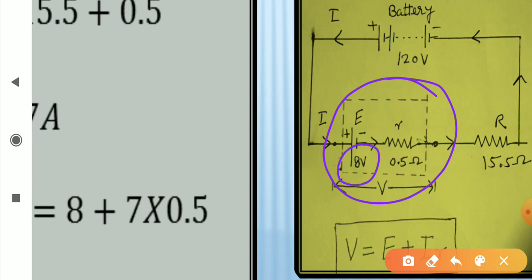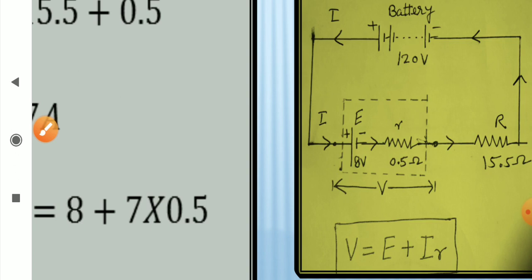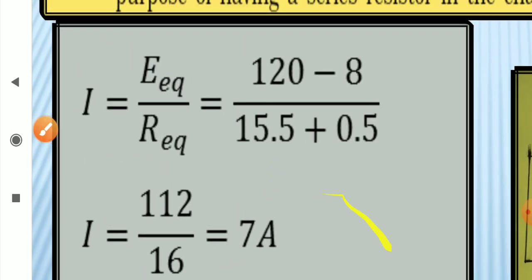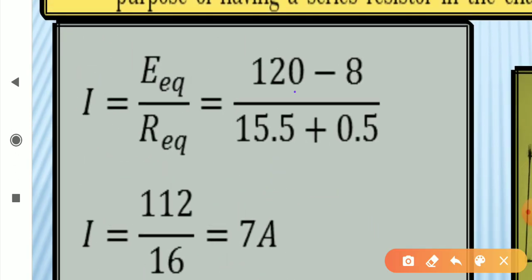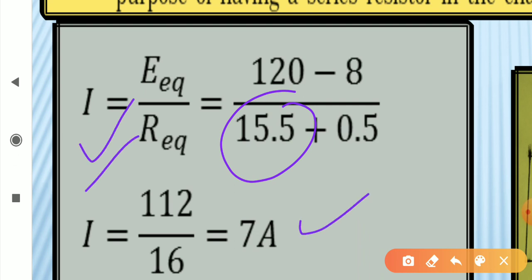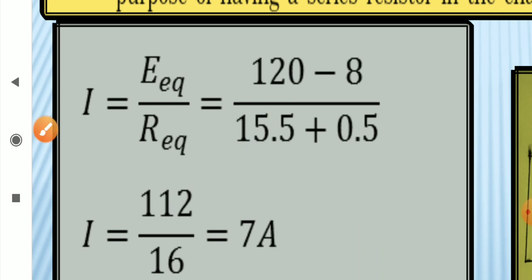Right. Now the second part is, why should we connect this series resistance? If we do not connect this series resistance here, you see, this current will become very large, and that can damage the battery. So connection of series resistance is to safeguard the battery and limit the current in the circuit.